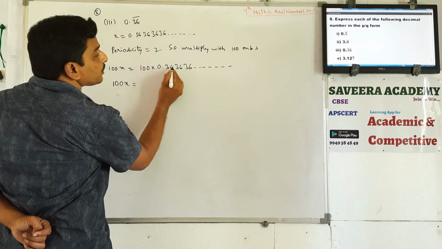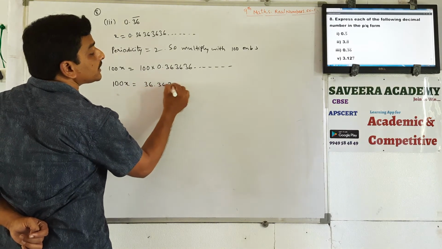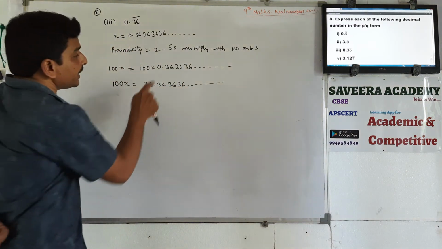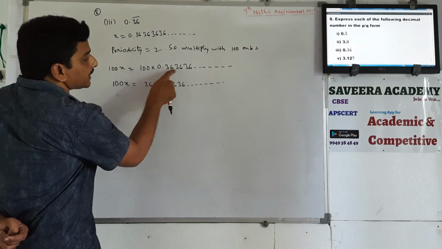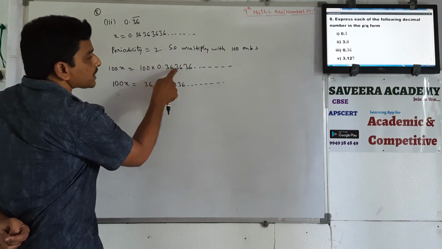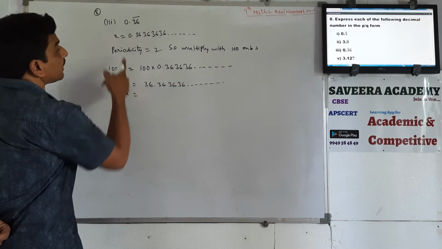So this becomes 36.3636 and so on. Do you understand? The point moves towards the right side, so 036, the left side 0 we need not consider here. 36.363636 like that.